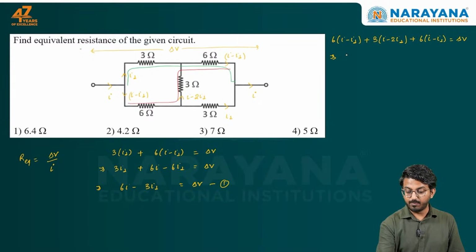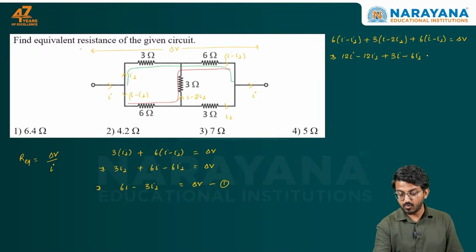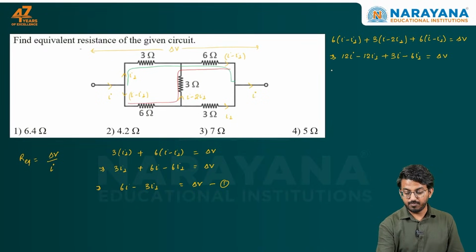If you simplify, I have 12I minus 12I1 plus 3I minus 6I1 is equal to delta V, giving us 15I minus 18I1 is equal to delta V, and that's our second equation.